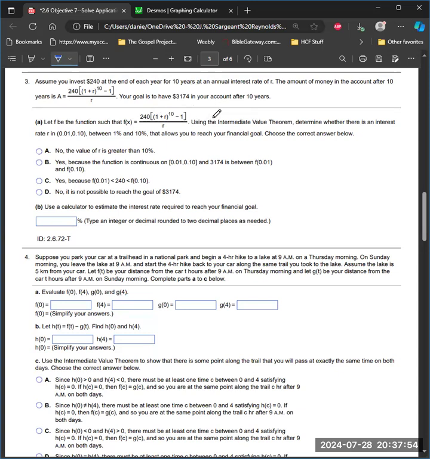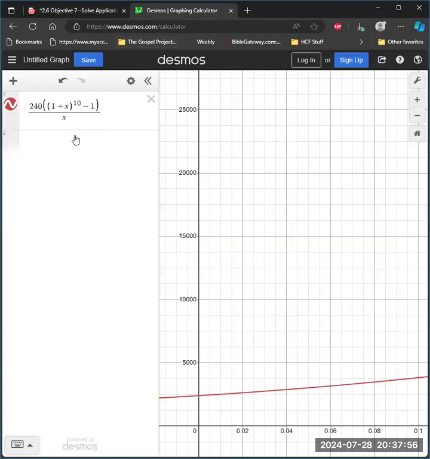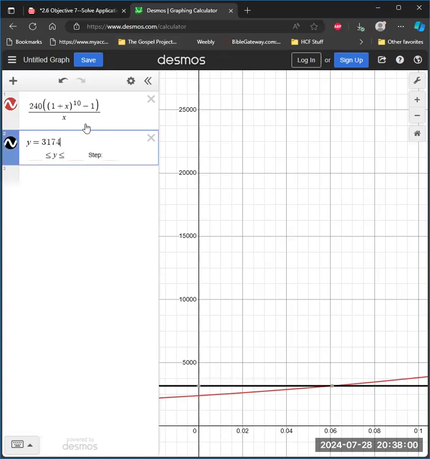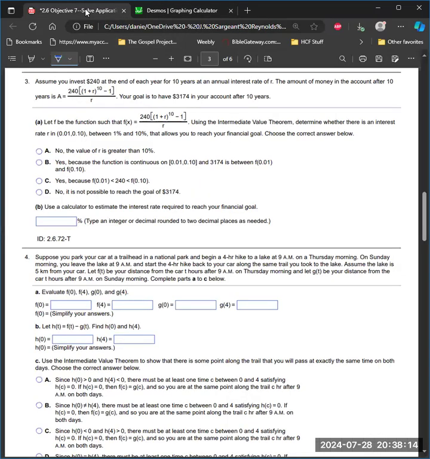Our goal is 3,174. And yes, f of 100th is going to be less than that down here, and f of 1/10 is going to be greater than that, and there's going to be a value in between. So yes, because the function is continuous on that closed interval, and 3174 is between f of 100th and f of 1/10. That's B.